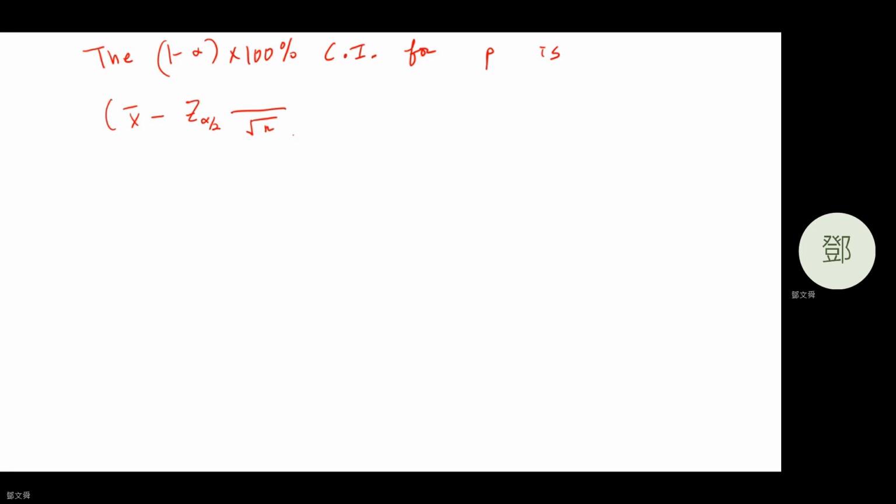So to generalize, the confidence interval for P is X bar minus Z sub alpha over 2 times the standard error, and X bar plus the same.